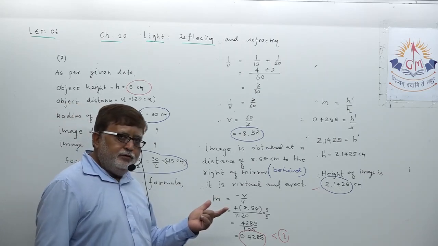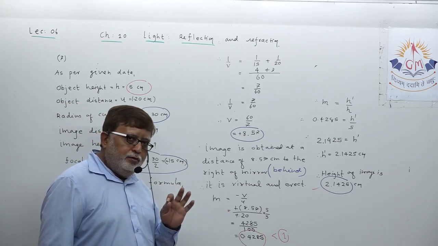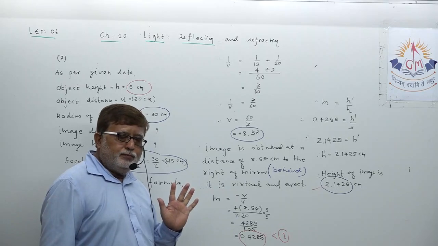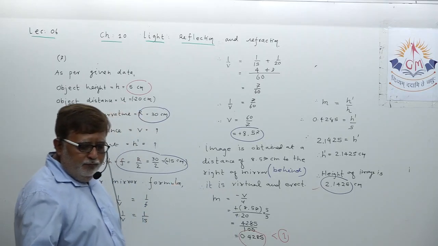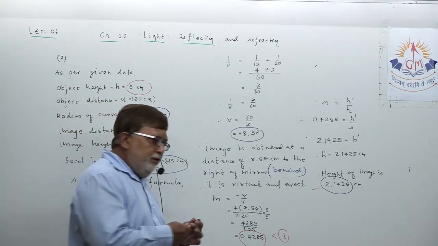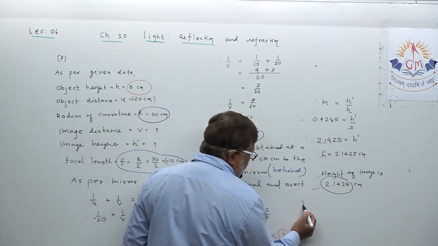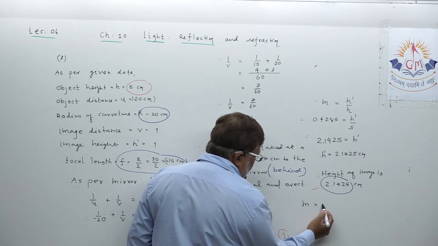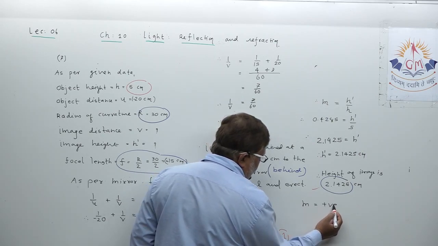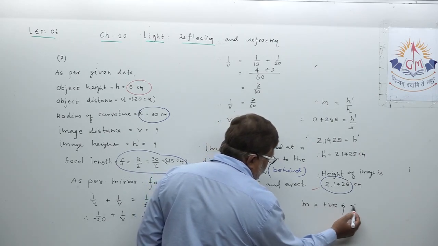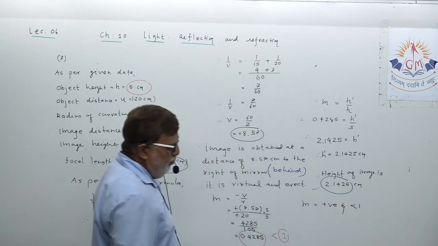Understand, for convex mirror, value of magnification is always positive and less than 1.